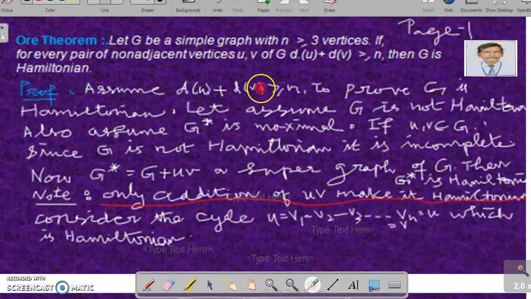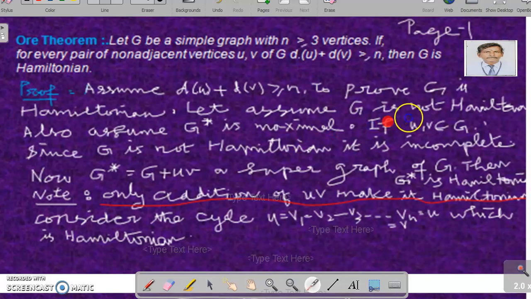That assumption should be there, and n is greater than or equal to 3. Now what we have to prove is that G is Hamiltonian.